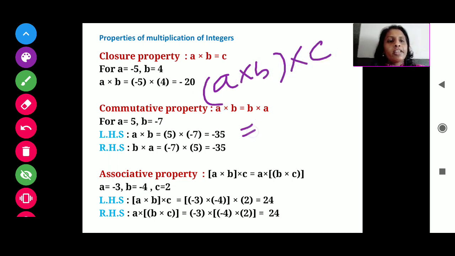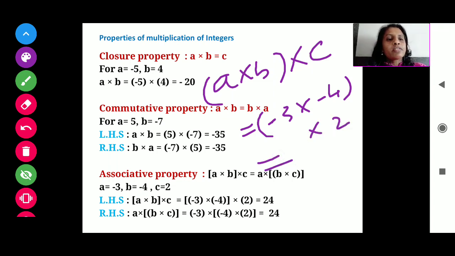So what is our a? a is minus 3 into minus 4 into 2. First we will do this one.